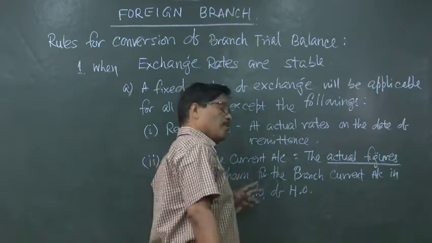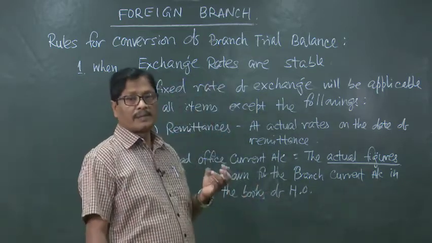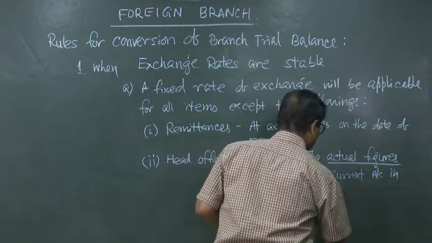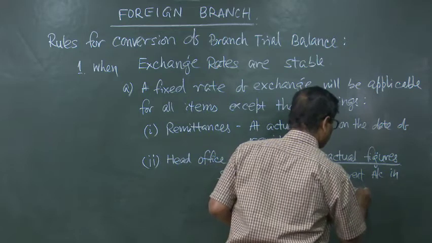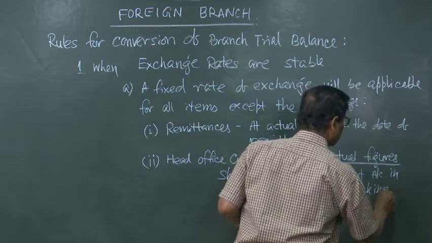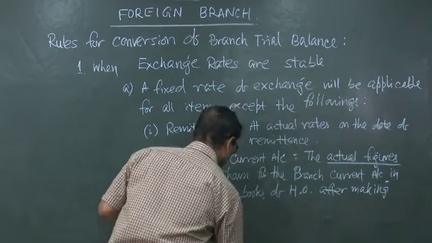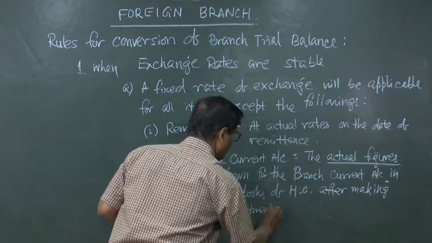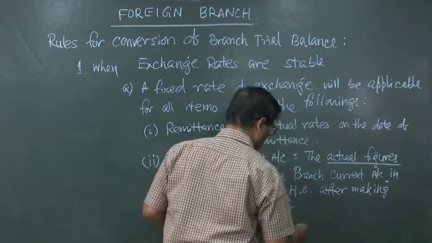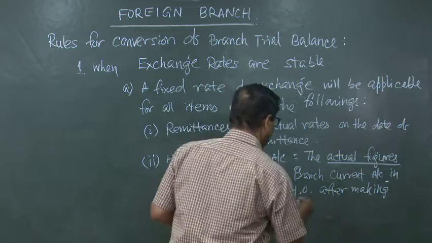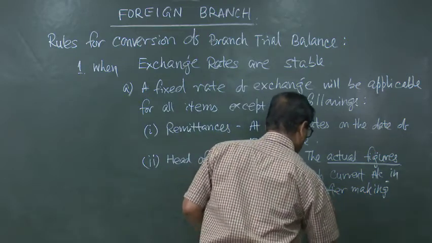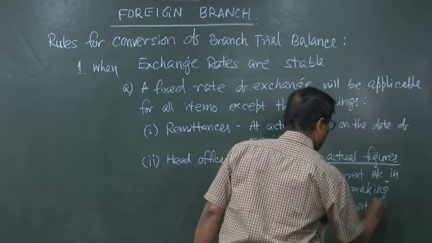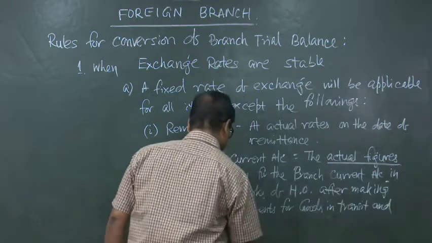But here you have to do one thing, that is the transit items, after making adjustments for goods in transit and cash in transit.